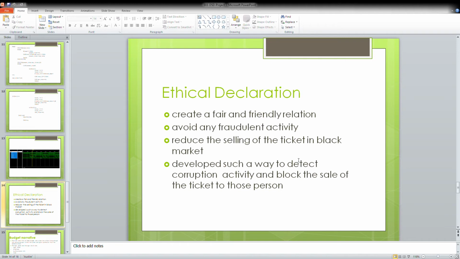So we made an automated ticket system so that no one can give less money for traveling and transportation. This system also helps to reduce ticket black marketing. It also helps to detect corruption activity and block the sales of tickets to those persons who are buying tickets at a very low price and selling them at a very high price.